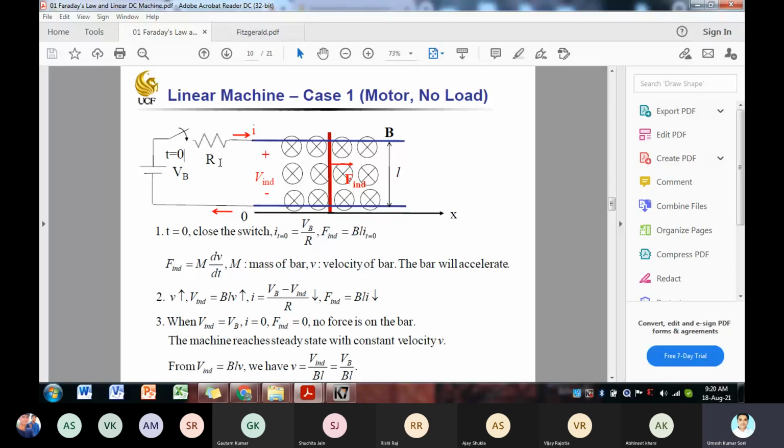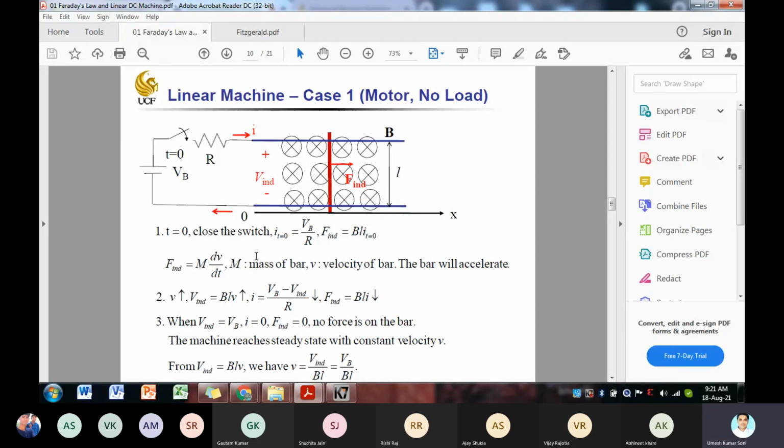Just a minute. And here you can see that a current is set up in this conductor. Whenever there is current set up, VB, because initially there is no movement, no induced voltage will be there, so the overall current will be given by VB by R. So this is the F induced, the induced force felt by the conductor, which will be equal to BL into I at t equal to 0.